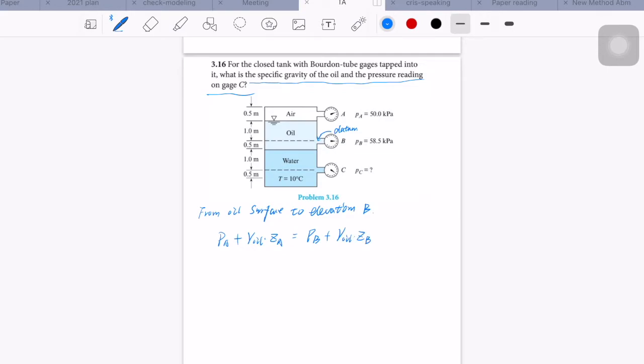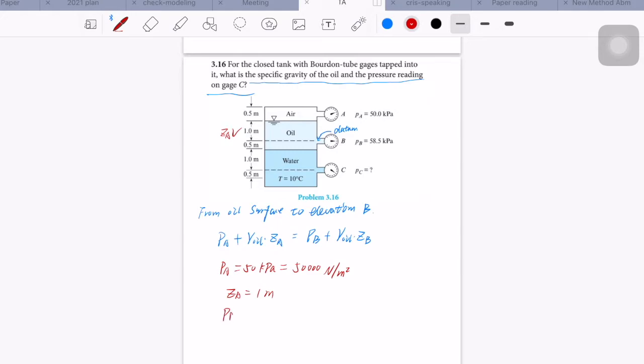ZB. From this figure, we know that the PA is 50 kilopascal and equals 50,000 Newton per meter squared. And ZA should be equal to 1 meter. This is ZA.